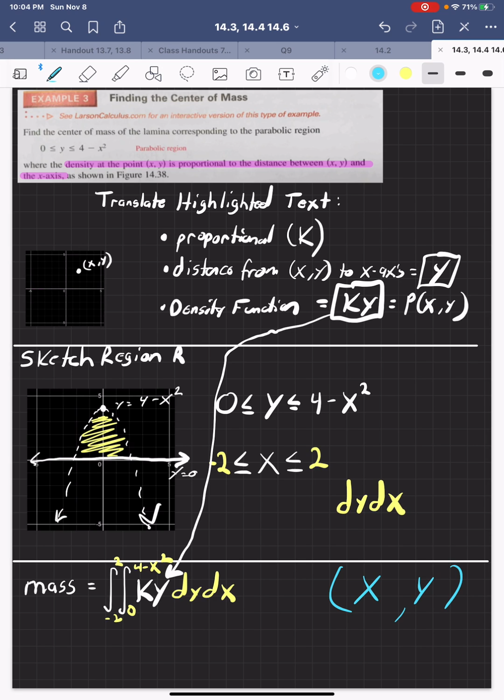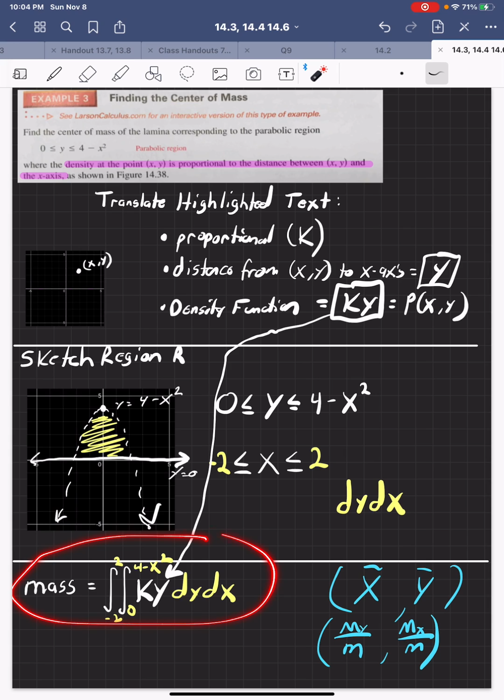And we saw from the previous page that the center of mass can be calculated using our moments divided by our mass. Now, you could jump right in and start calculating. The first thing I would always do is calculate mass, and then move to moment of mass. But again, will you follow me here? Well, we'll take a break before we finish it. How's that? Okay, because I know you're probably starting to get tired.